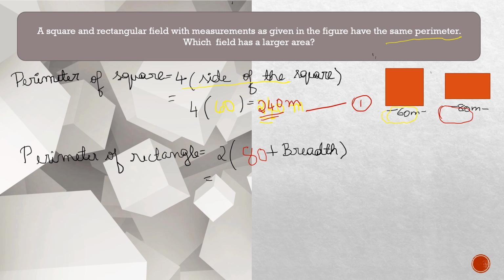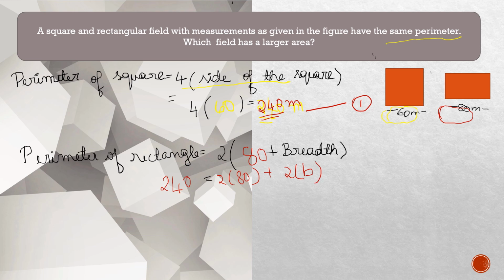So let's solve. The perimeter is the same, right? It's given that the square and rectangle have the same perimeter. So putting the perimeter of the square here, 240 is equal to 2 into 80 plus 2 into breadth.